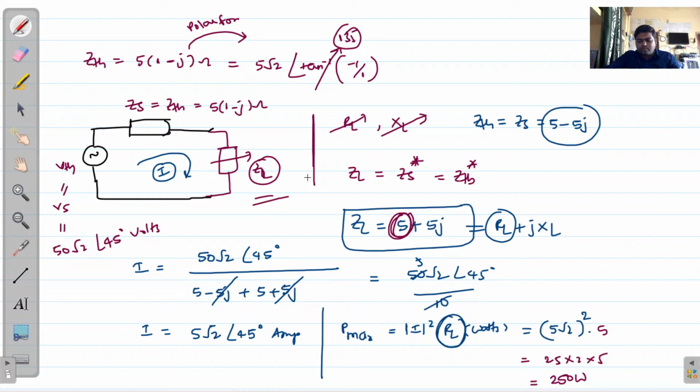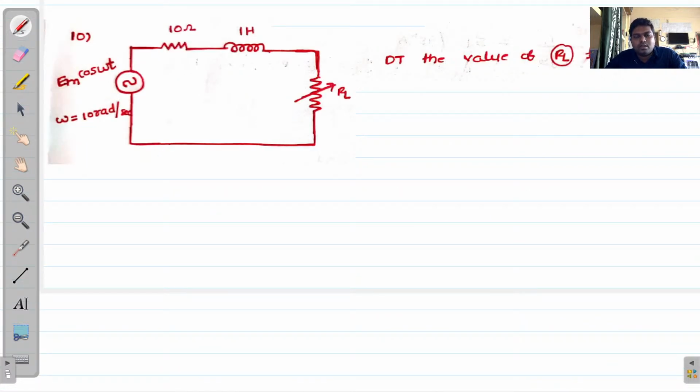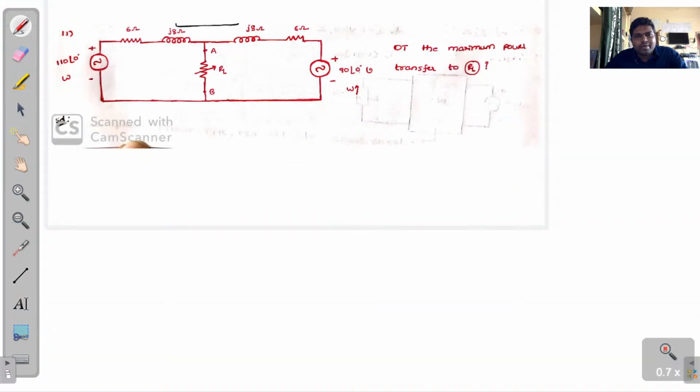Okay, and we have two more problems. So you can solve this one problem in assignment 2, right? And this is also one more problem, same as the previous method only. So wherever the AB terminal is there, at that place you can apply Thevenin's concept.